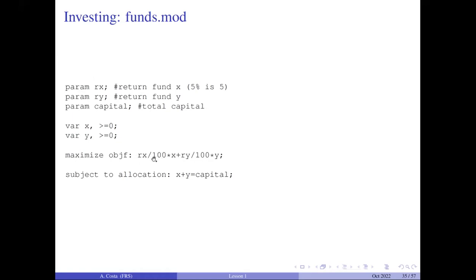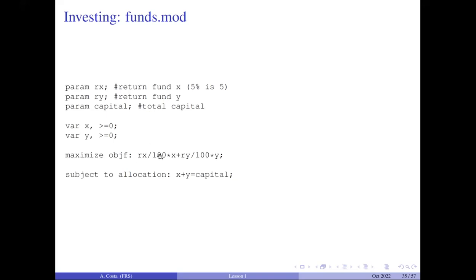Okay, so the return here, in this case, I write 5% as 5, so we divide by 100. But you could also define the return as 0.05, it is the same. But let's say we define the return as 5 and 4.5 for the two funds.